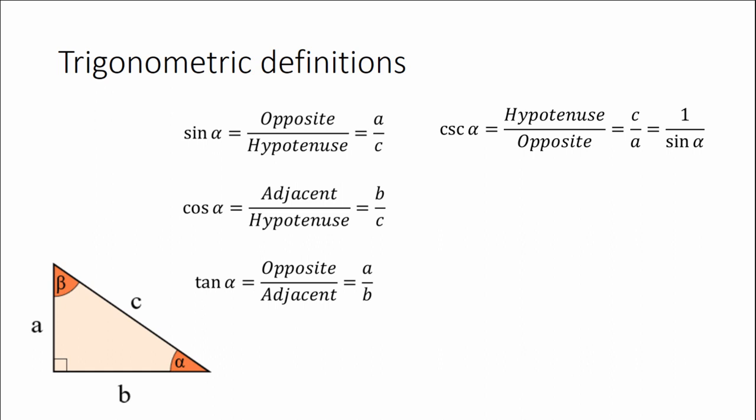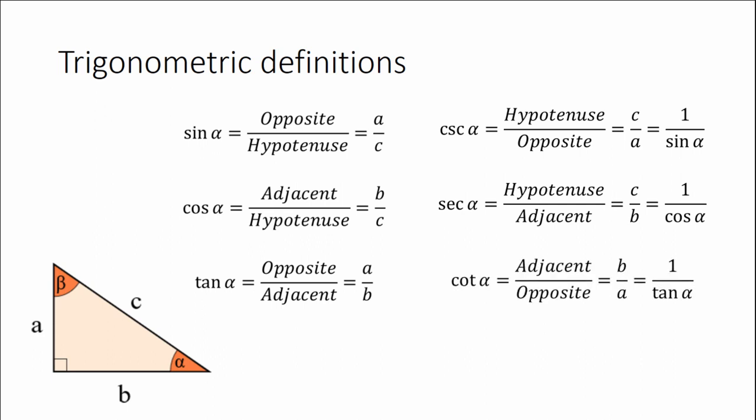In our example, it's C over A. Simply flip over the sine function. Similarly, secant is the ratio of hypotenuse divided by the adjacent side. It's the opposite of the cosine function. And last but not least, we will define the cotangent function. That is the opposite of the tangent function.